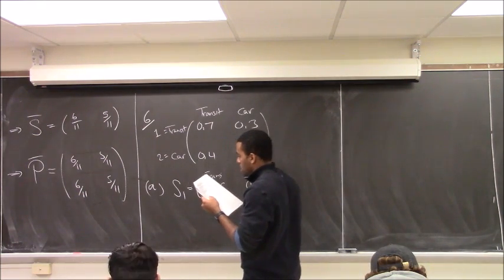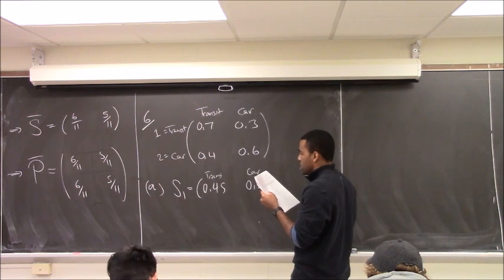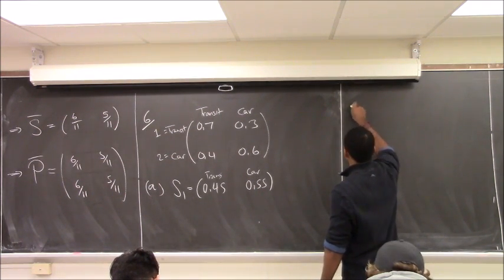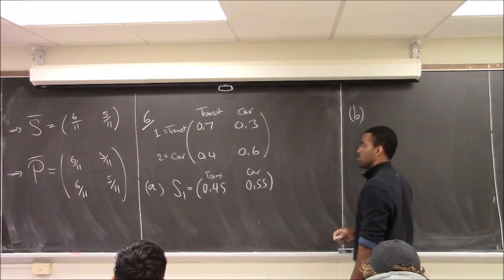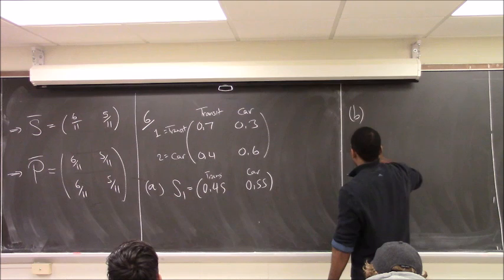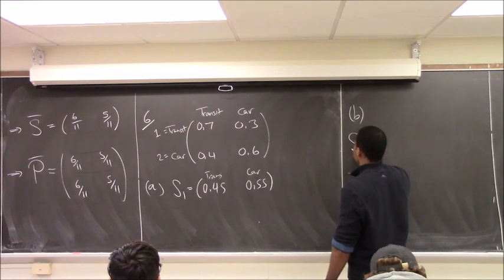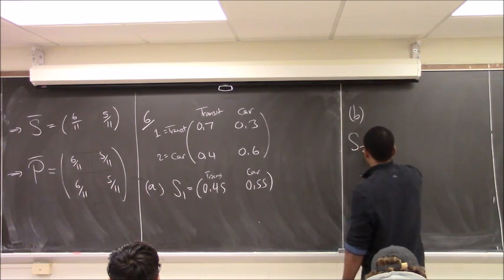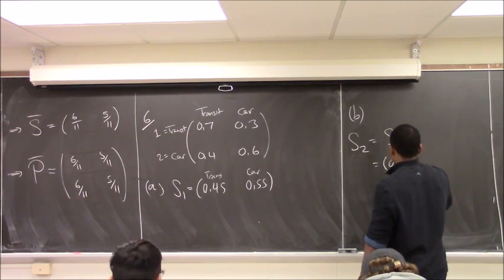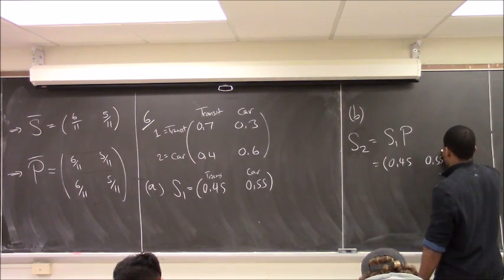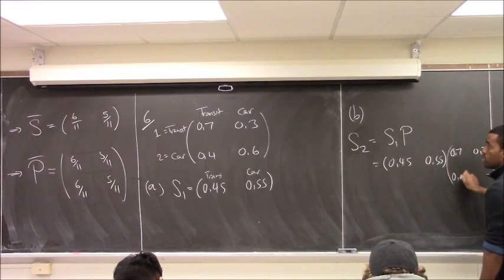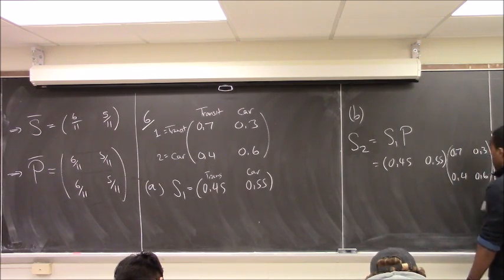B, what percentage of commuters will be using the new system after 1 month? 53.5. How did you get that? We multiplied what we had in A. Right, so you want the state after one more step. That's going to be the first state times P, which is 0.45, 0.55 times 0.7, 0.3, 0.4, 0.6.